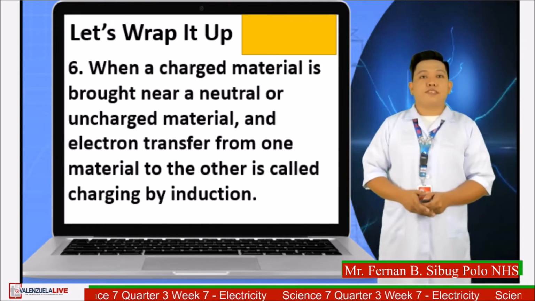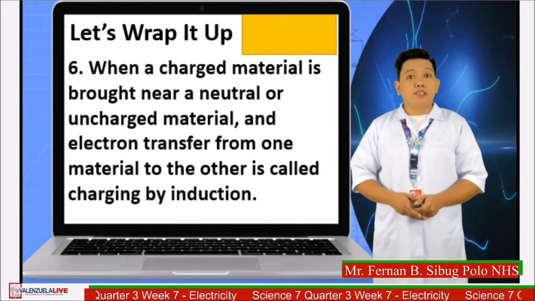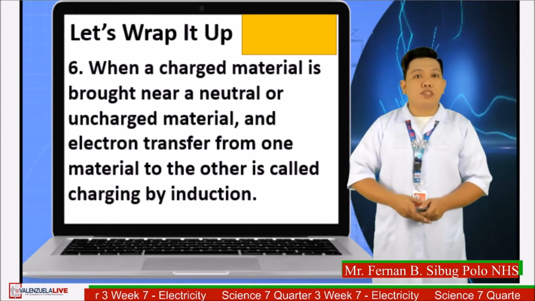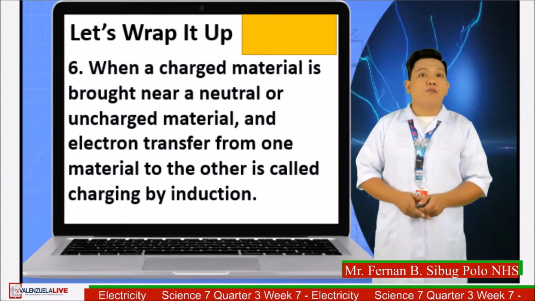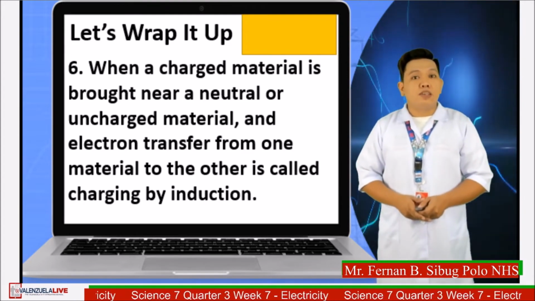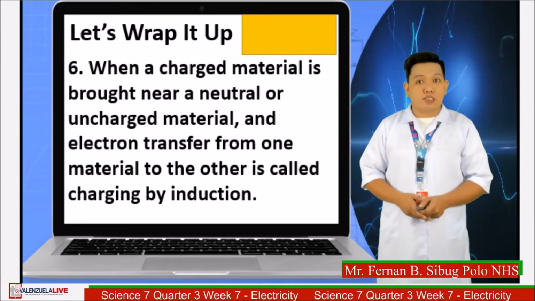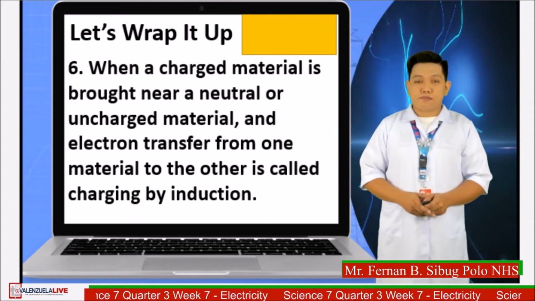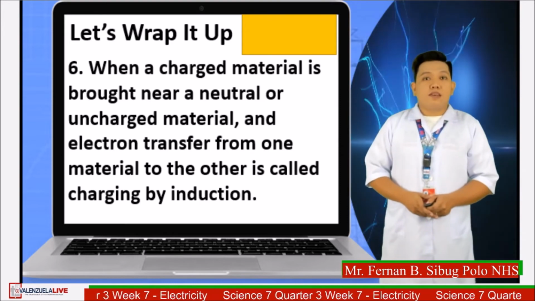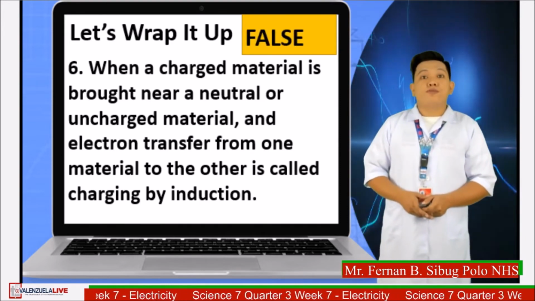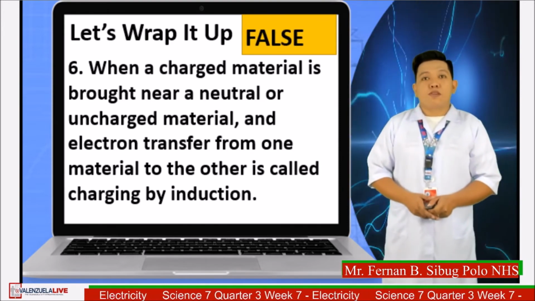Question number 6. When a charged material is brought near a neutral or uncharged material, and electrons transfer from one material to the other, this is called charging by induction. Okay, the correct answer is false. Question number 7.